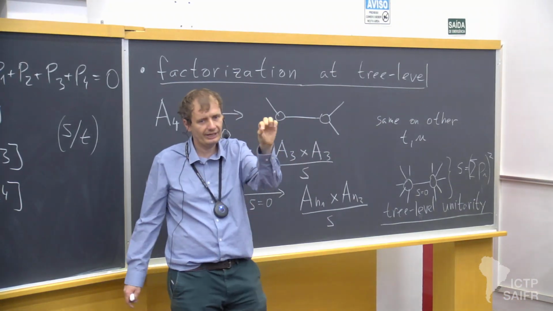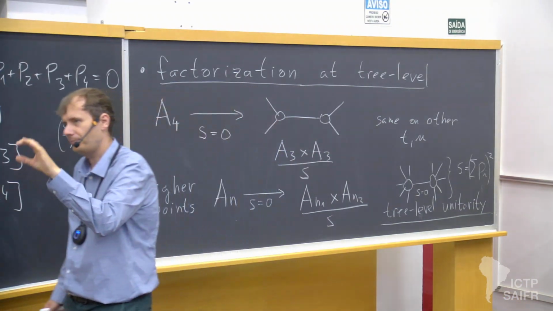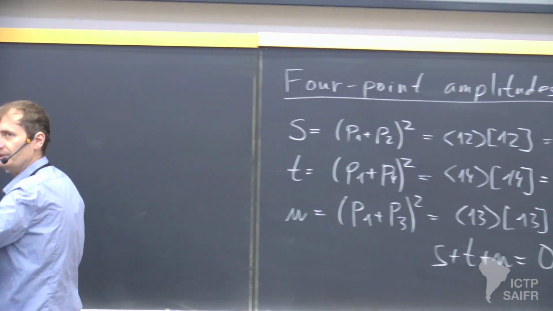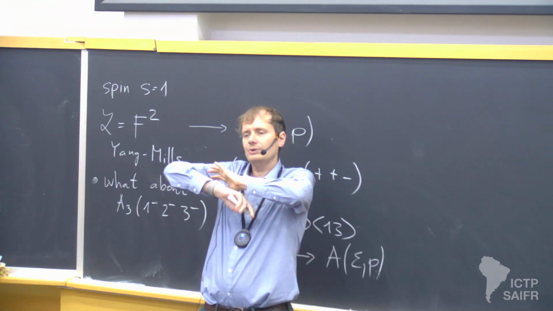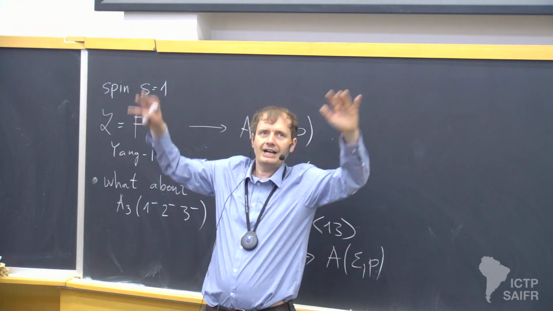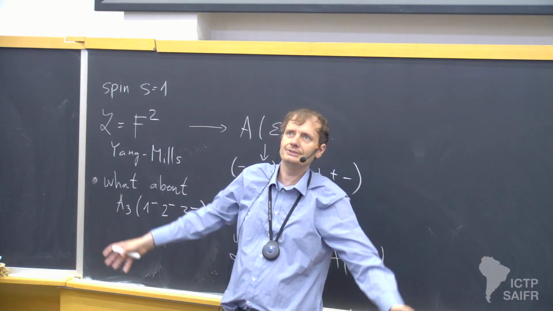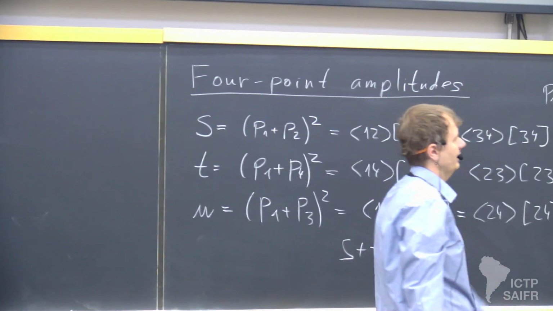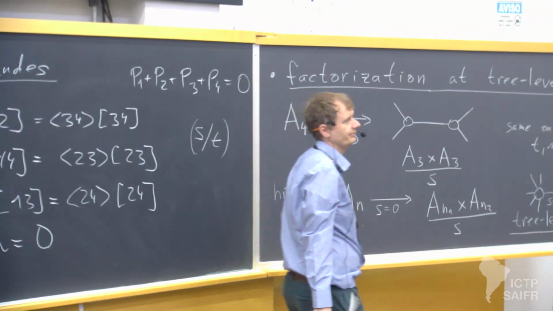This virtual particle doesn't exist, but you say that p square is 0, so it's on shell. Now, all Feynman diagrams just split into two sets, and on both sides, you reconstruct the tree-level amplitude. So you can actually see this factorization statement at the level of Feynman diagrams.